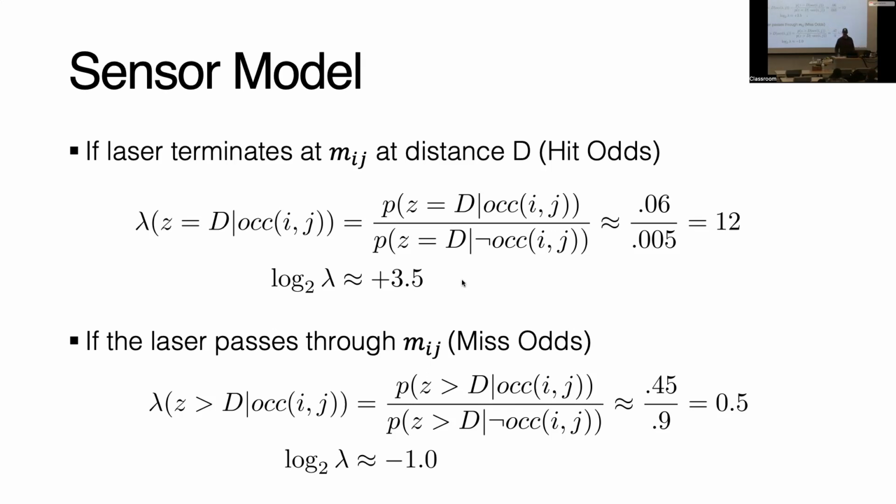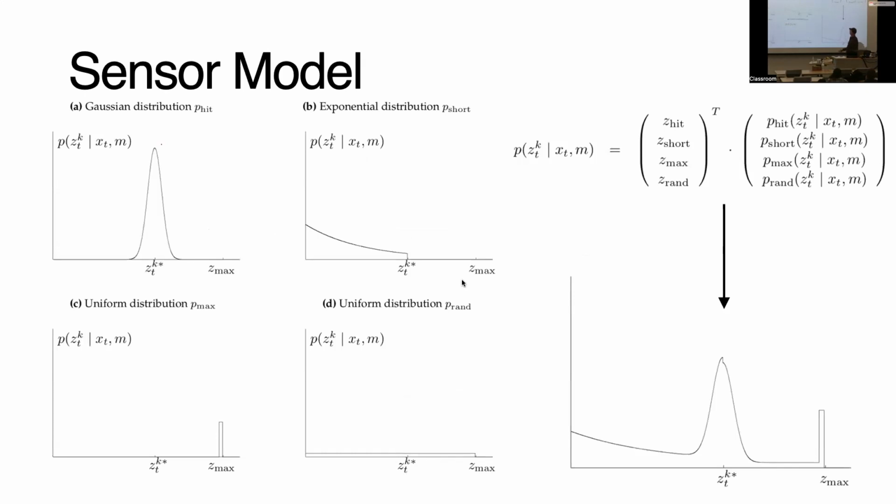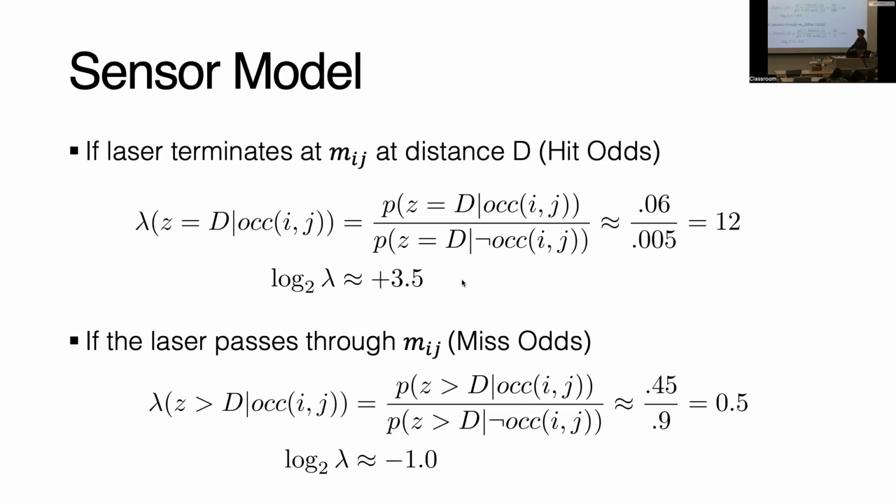All right, so that's like saying, what is the ratio of this value to the value anywhere that's not this, okay? And so that's going to be like, say, 0.06, maybe it's the height of that distribution, divided by 0.005, 12, and then we take the log of that, right? That's the odds. We take the log of the odds and get some number, 3.5.